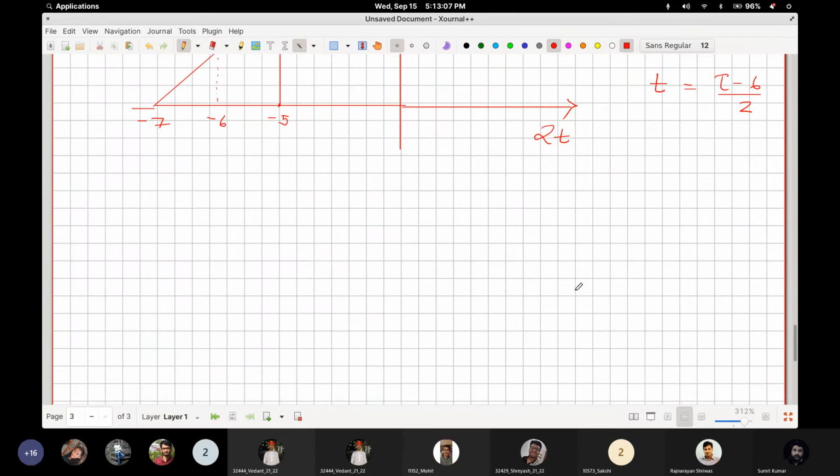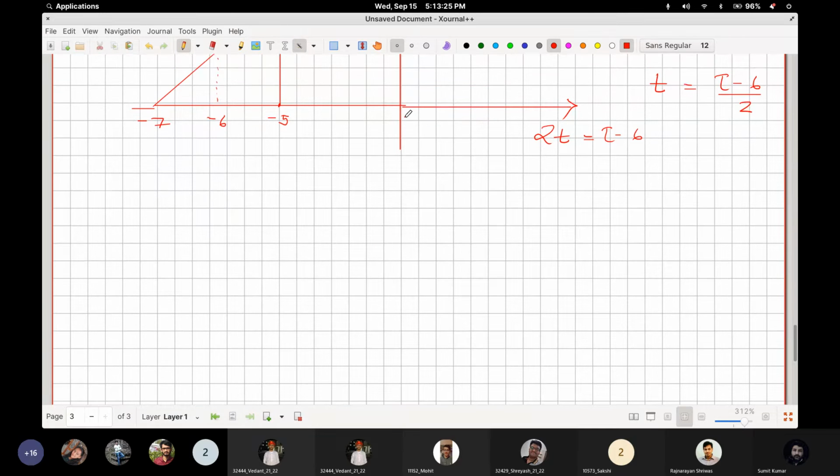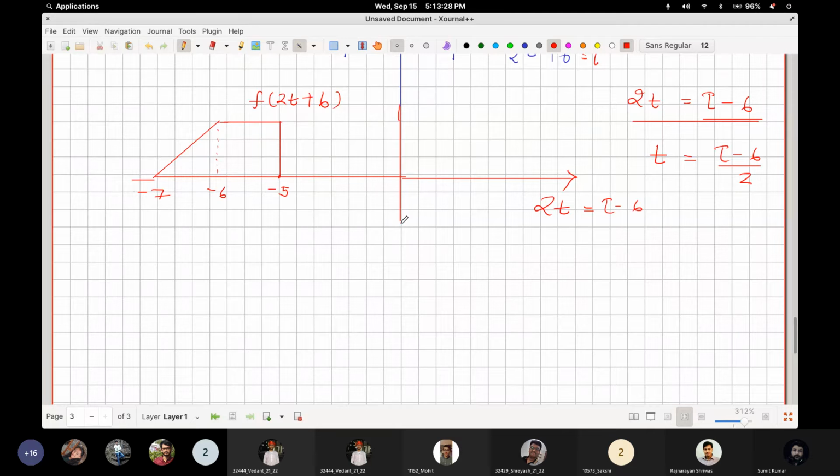Is this clear? We have function f of 2t plus 6 versus 2t now. Okay. And to get t, we will have to divide this tau minus 6 that we have already got. So to get t, we will have to divide it by tau minus 6 को किससे divide करना पड़ेगा? 2 से. So we will divide it by 2 in the next step, and let's see what will happen then.